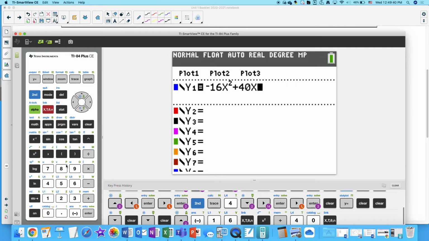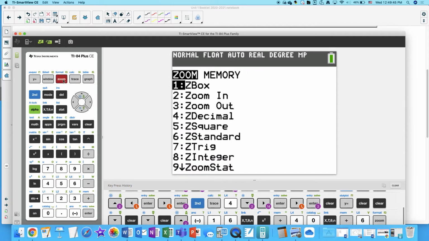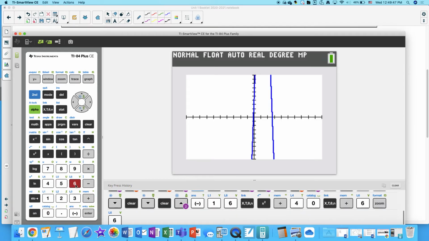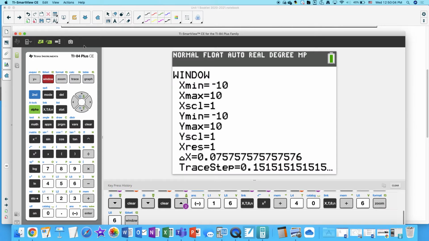Okay, now if you go zoom standard, you're not really going to see much. We want to really see that picture that I drew a few minutes ago of the person heading the ball. So we have to go to our window settings and readjust these. What's really helpful to think about when you are determining your window settings is, what does the vertical actually represent in the context? It's height, or h of t.